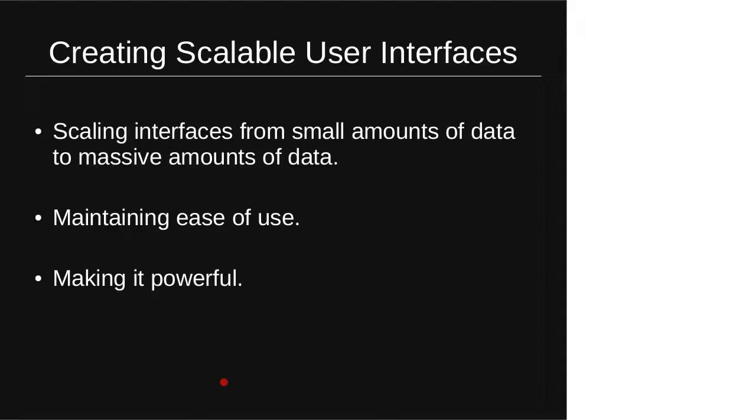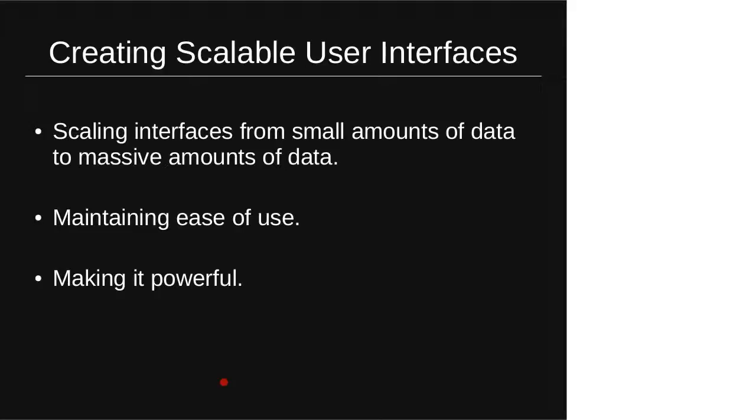So, what am I exactly talking about today? We're talking about scaling interfaces from small amounts of data to large amounts of data. So this isn't responsive design. We're talking about mobile. We're talking about lots and lots of users, courses, lots of information on a page, and how to maintain ease of use, make your interface so usable with a lot of information, but also make it powerful.